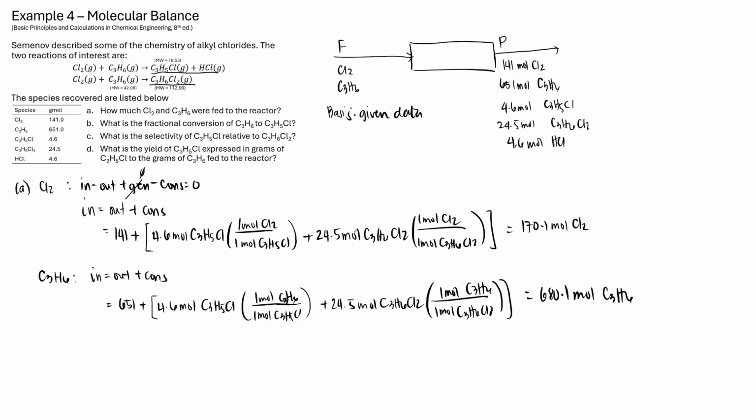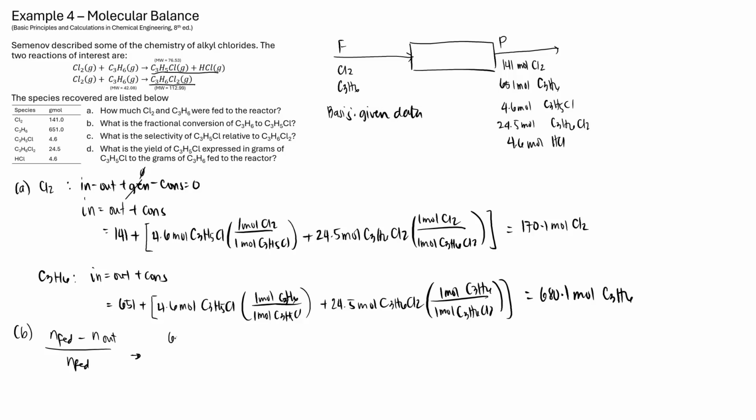Okay. Next, letter B. Fractional conversion of benzene to C3H5Cl. Again, it's N fed minus N out over N fed. Okay? Well, everything is already given.